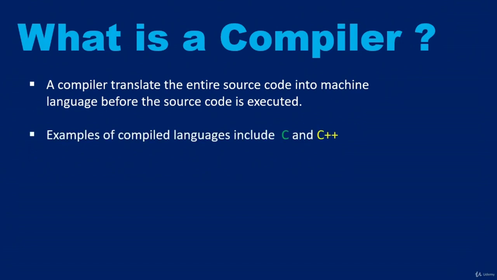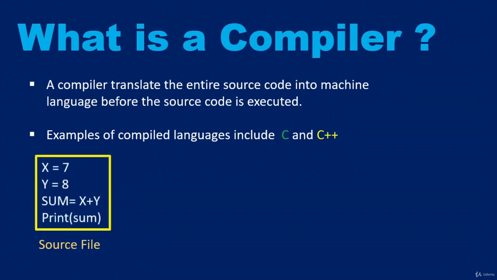So let me illustrate how the compiler works. Let's say you have your source code, which is basically the computer code that you write. Let's say inside the source file, you have this. You've got x equals 7, y equals 8, and then the sum is equal to x plus y.